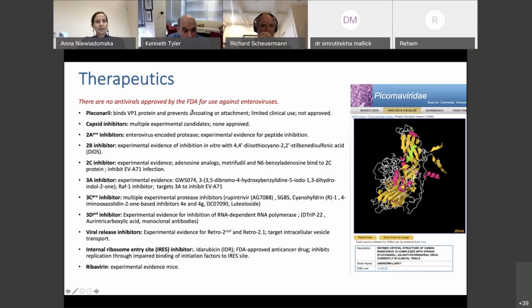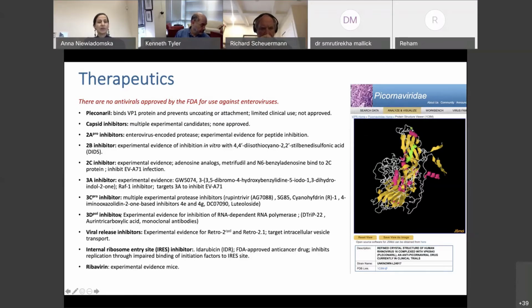There are a couple of other types of antivirals and viral inhibitors that have been used, including capsid inhibitors, the 2A protein inhibitors, a lot of protease and polymerase inhibitors. There's a couple of nucleoside analogs that have been used as well.